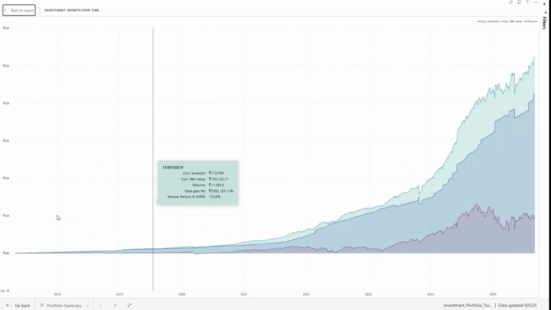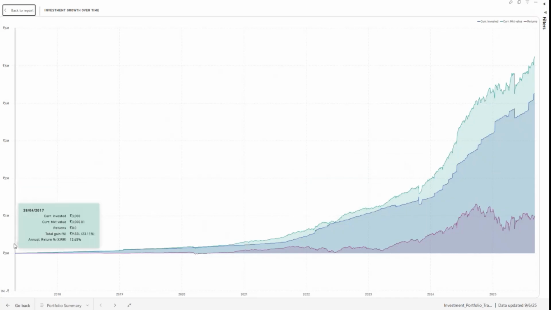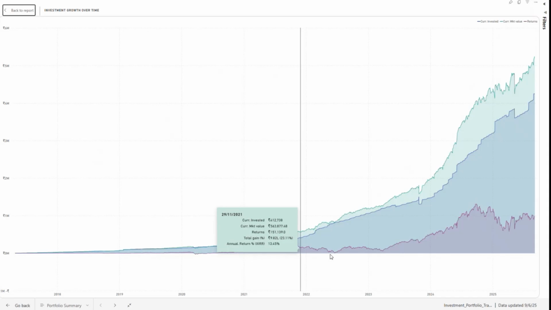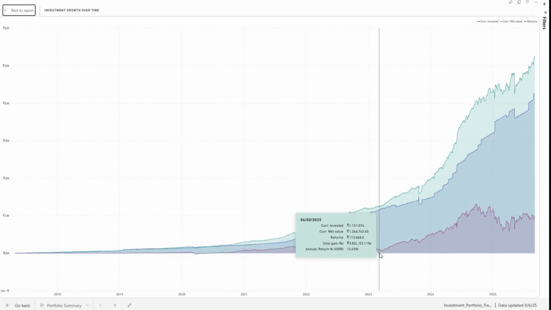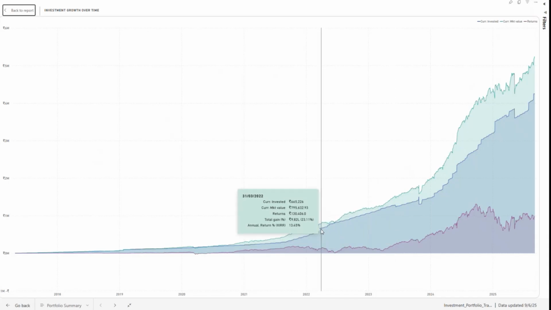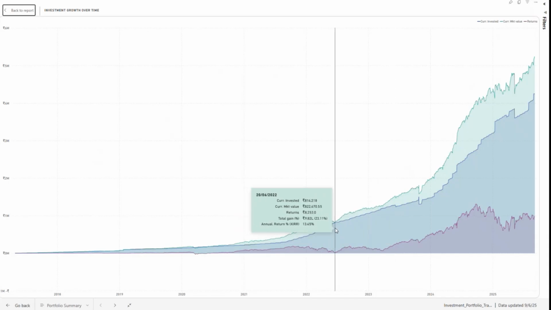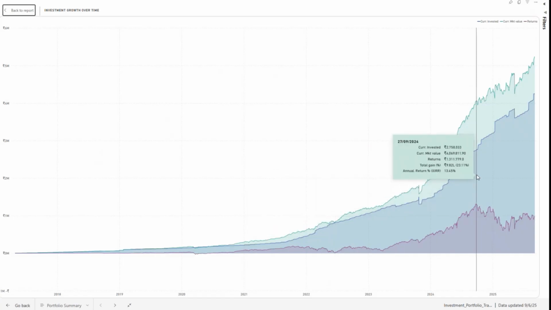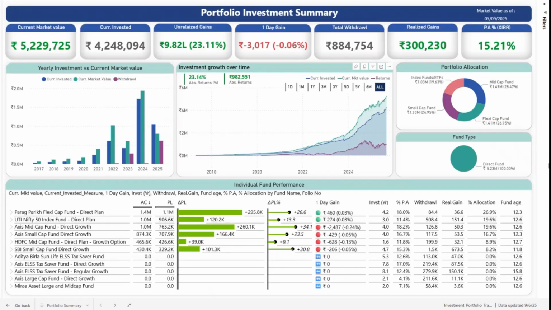So even though my investment started in 2017-18, my actual benefit I see as higher returns after 2022, correct, and eventually I was building my overall portfolio also. All this is telling you that patience is the key in the market, which eventually gets rewarded. Okay, I'm maybe not an expert, but this is what it is telling me in my portfolio.